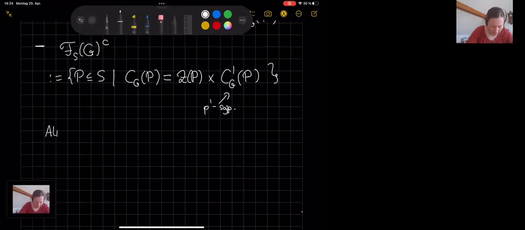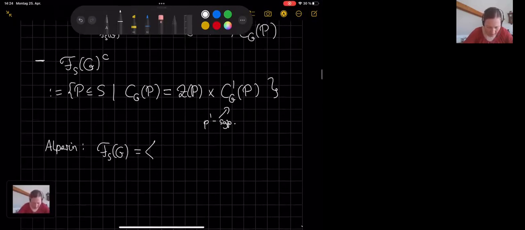And then it's a classical theorem by Alperin that the fusion system F_S(G) is generated by the morphisms between things in this set. I should say we call them the F_S(G)-centric subgroups.